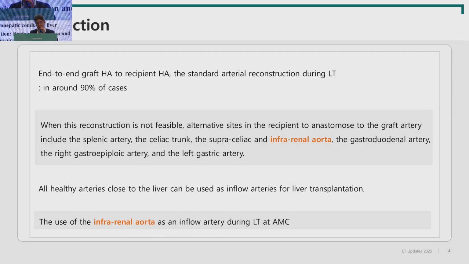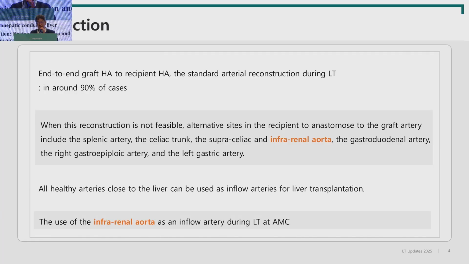When this reconstruction is not feasible, alternative sites in the recipient to anastomose to the graft artery include the splenic artery, the celiac trunk, the supraceliac and infrarenal aorta, and so on. All healthy arteries close to the liver can be used as inflow arteries for liver transplantation.